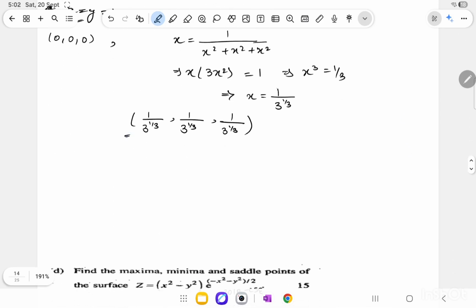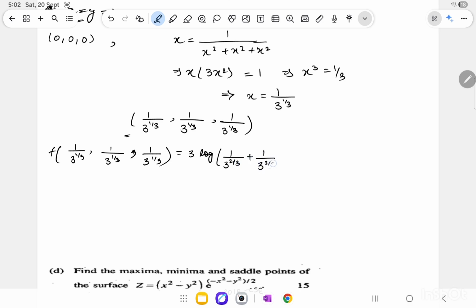If this is the point of extrema, then the extrema value will be 3 into log of (1 upon 3 raised 2 by 3 plus 1 upon 3 raised 2 by 3 plus 1 upon 3 raised 2 by 3) minus 2 times x cube, that is 1 by 3 plus 1 by 3 plus 1 by 3.